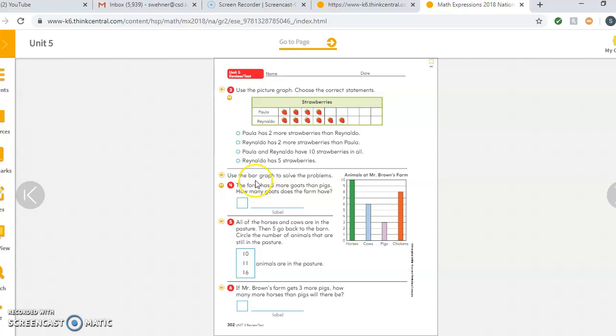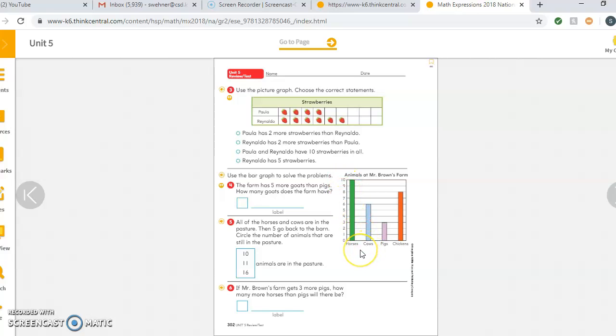Number 3. Use the bar graph to solve the problems. So let's take a moment to look at this bar graph. The title says Animals at Mr. Brown's Farm. Here are the animals on the graph: horses, cows, pigs, chickens. Then the scale for this bar graph is going vertical from 0 all the way up to 10.